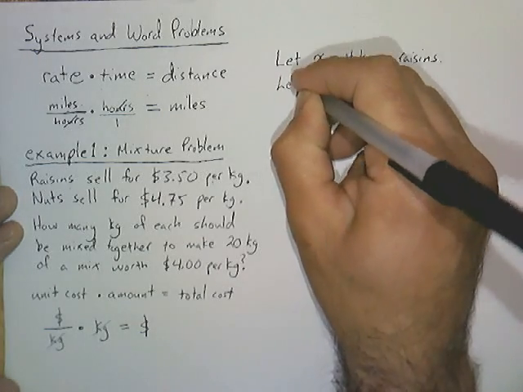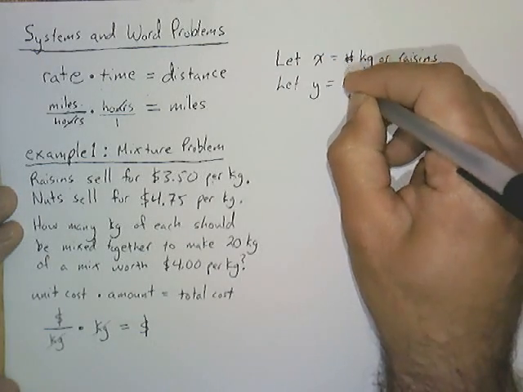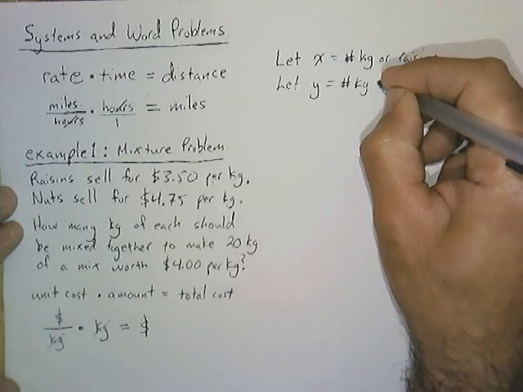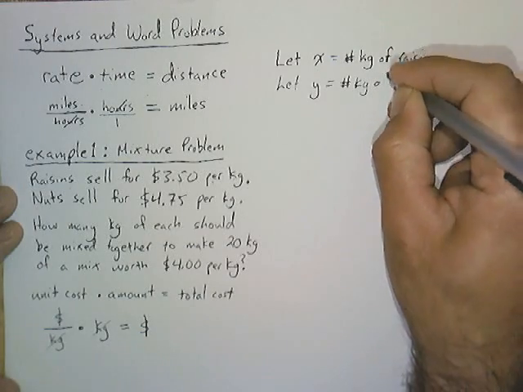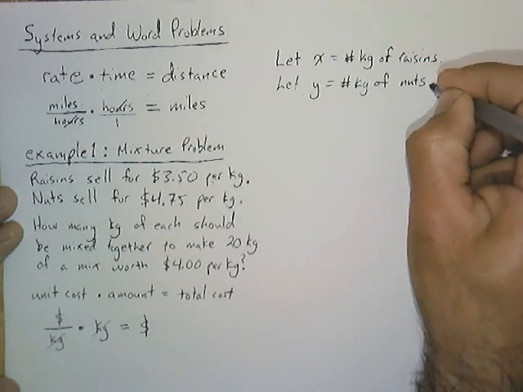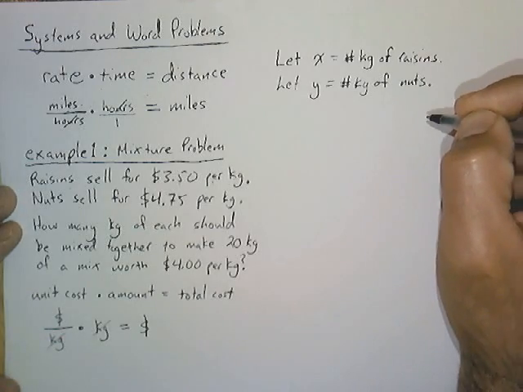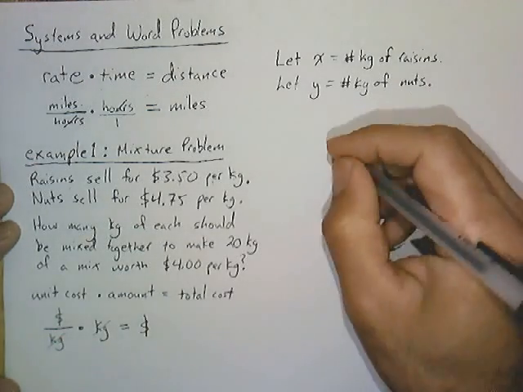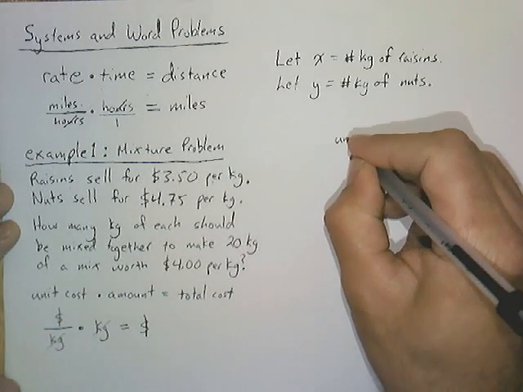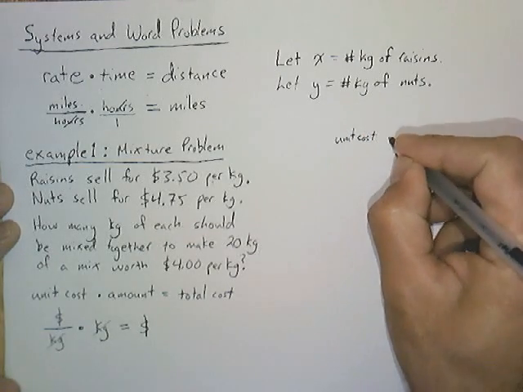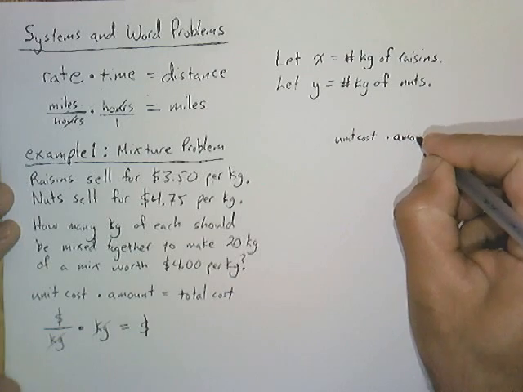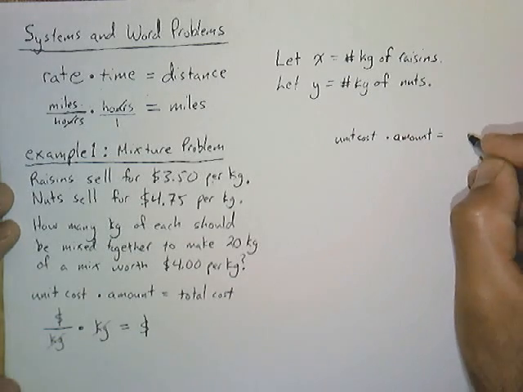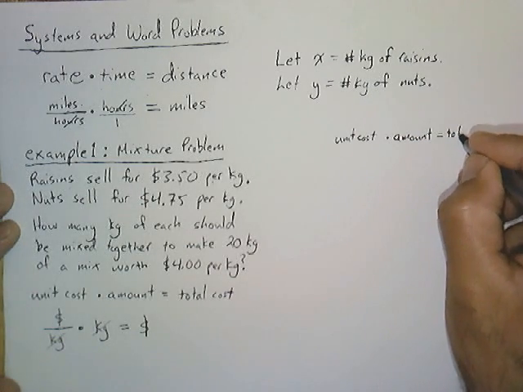And we'll let Y equal the number of kilograms, oops, not or, of nuts. And again, we're going to be using this equation right here. Unit cost times amount is equal to total cost.